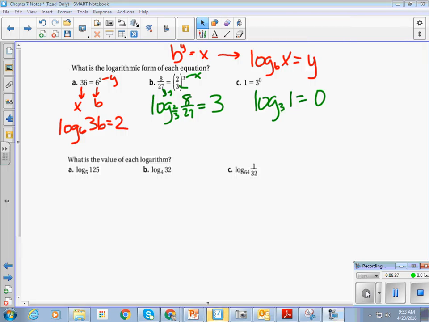One thing I'm going to have you add to this is, 36 we can write as base what to the 1? 36 is a perfect square, right? It's 6 squared.